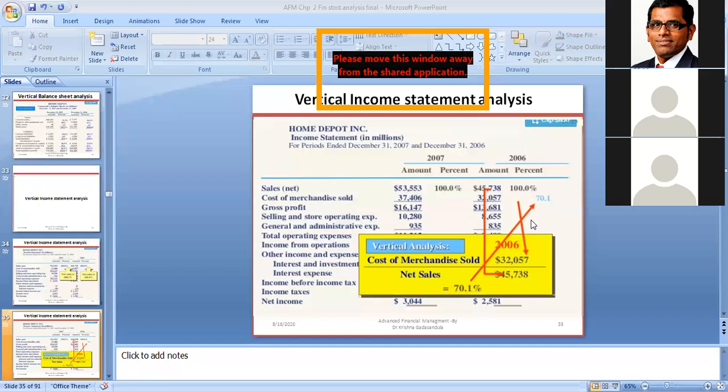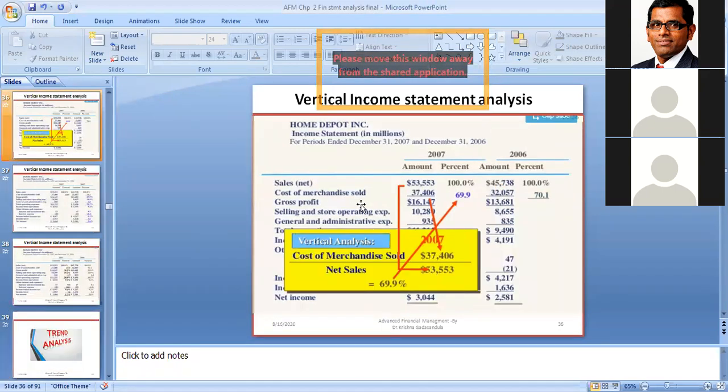Like that, if we take another example, 2007: cost of merchandise sold by net sales in 2007. 2007 cost of merchandise is 37,406, by net sales 53,553.